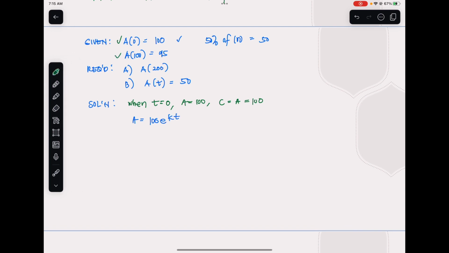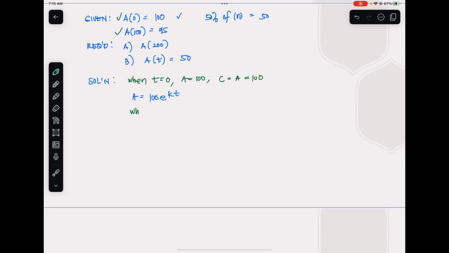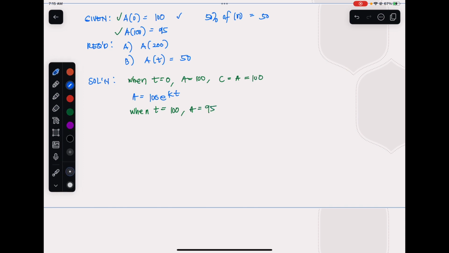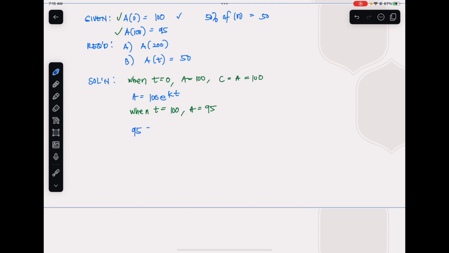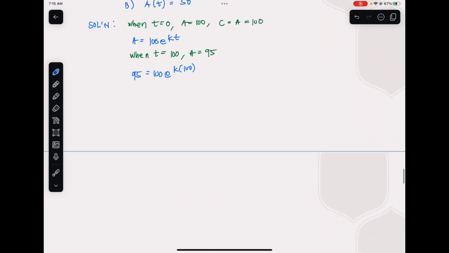And then for our second given, when t is 100, A is 95. So 95 equals 100 e raised to k times 100. We divide both sides by 100, so 95 over 100 equals e raised to 100k. 95 over 100 can be simplified as 19 over 20.